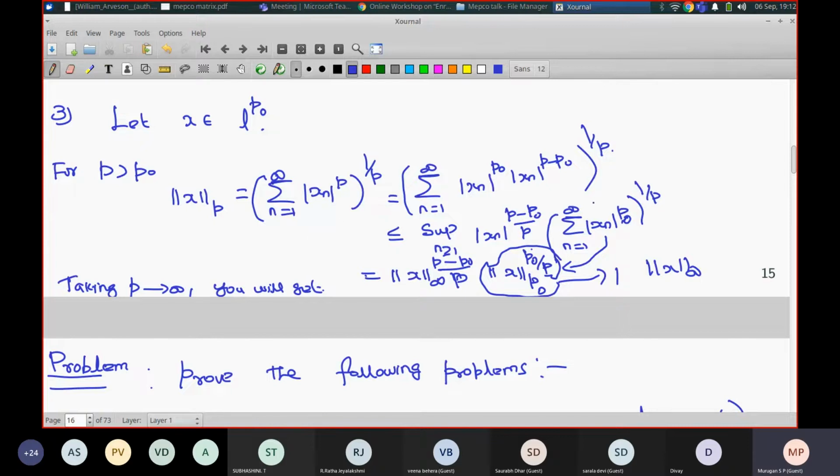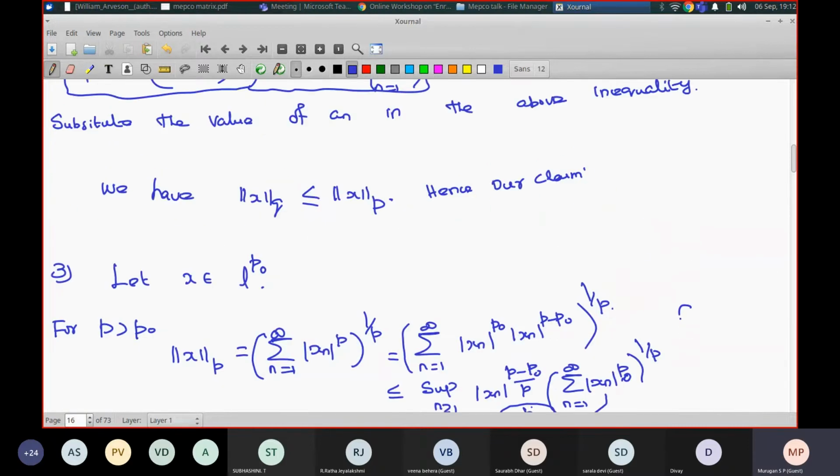Okay, therefore what we have shown so far, I am writing here: the limit of norm x p as p tends to infinity is less than or equal to norm x infinity. But we know already the sup norm is always less than or equal to the p norm.